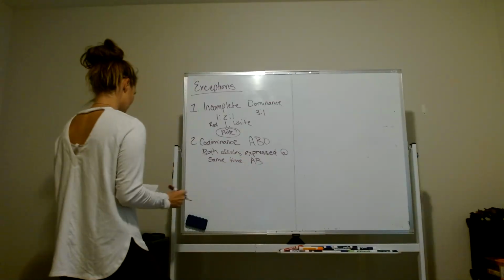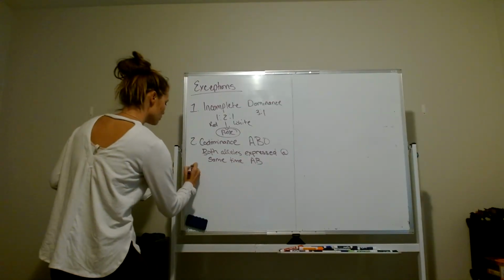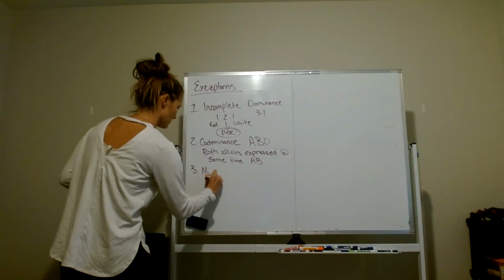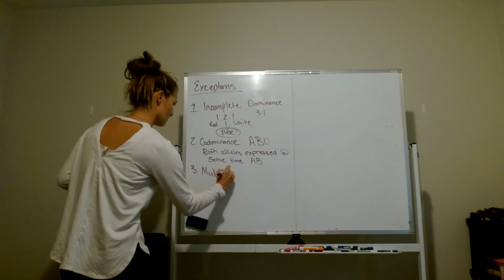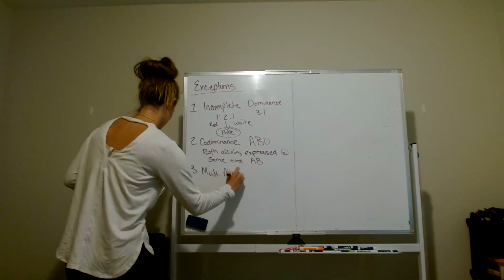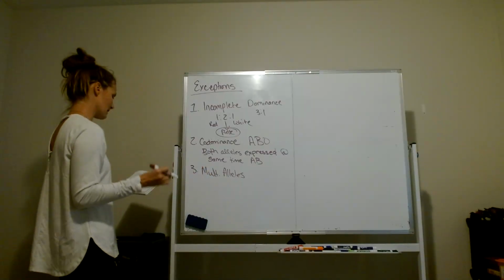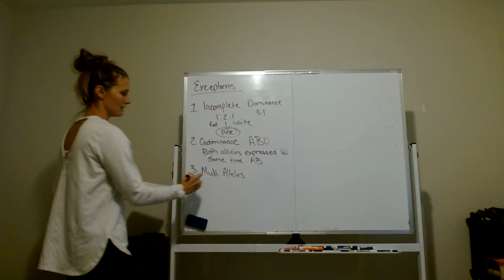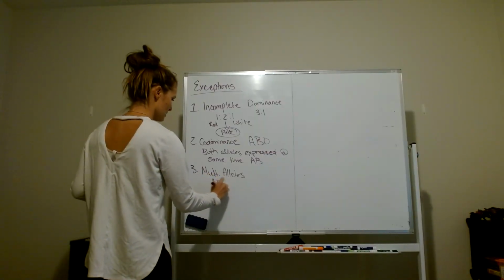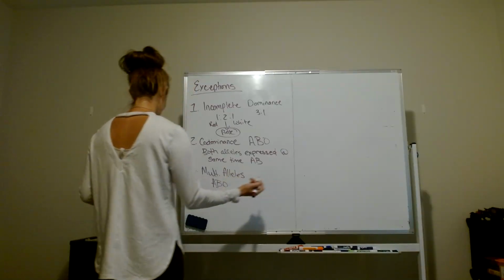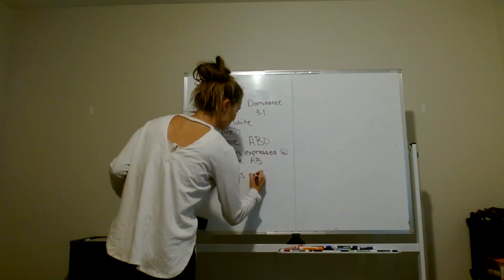They have AB blood. Okay? Multiple alleles. So more than 2 alleles exist for a gene in a population. Again, this is our A, B, O. More than 2 alleles.